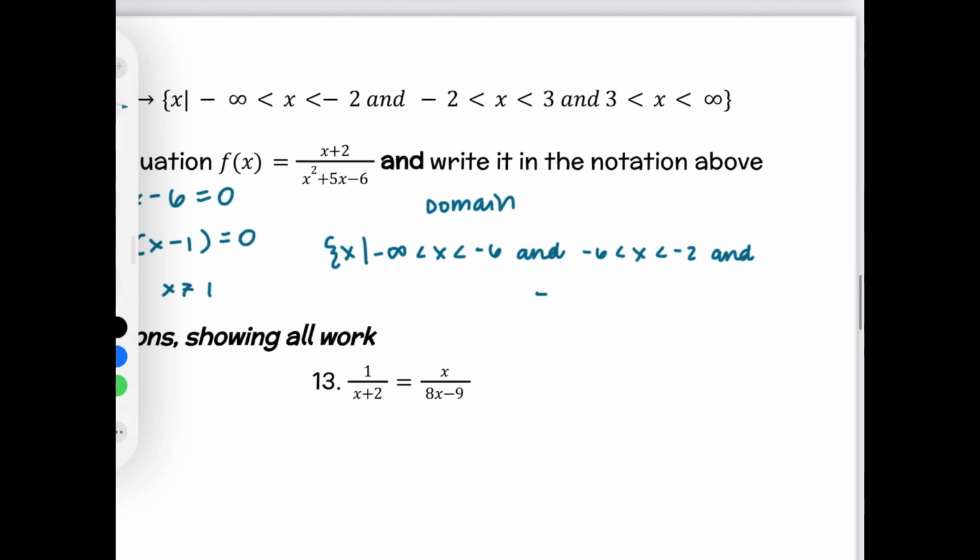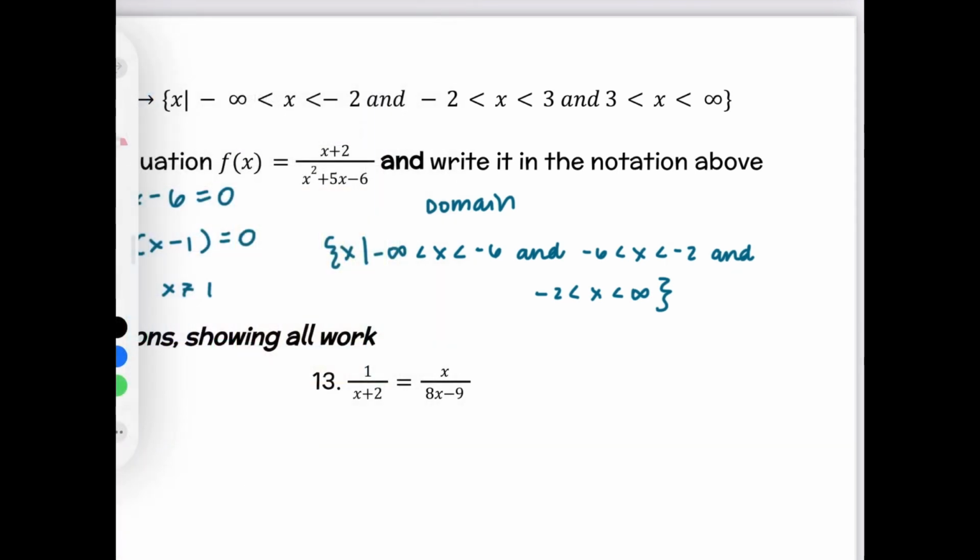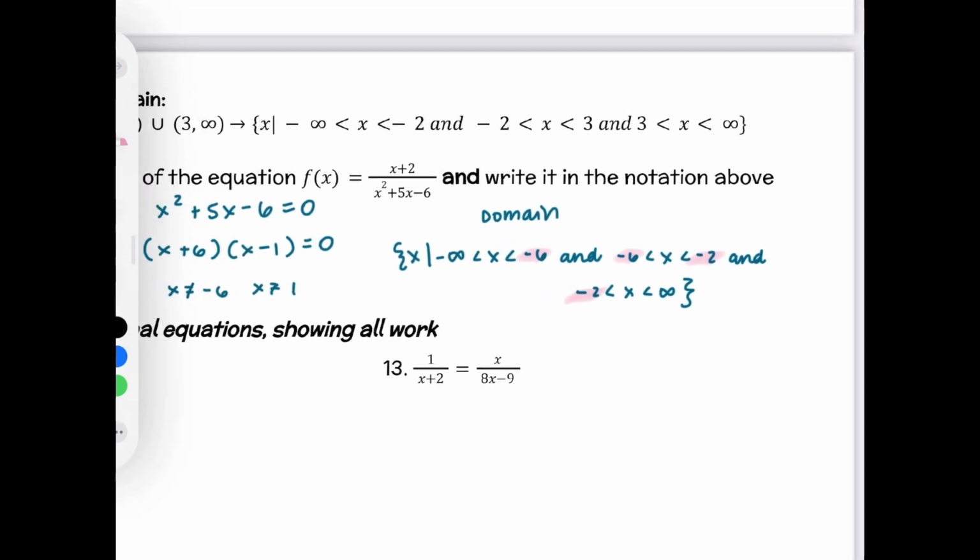And then start up again at 1 and go to infinity. So this is the kind of thing that you'll see as multiple choice. If you see this question, just find your domain and then look for these numbers and make sure they match what you said x can't equal, and you should be good to go.